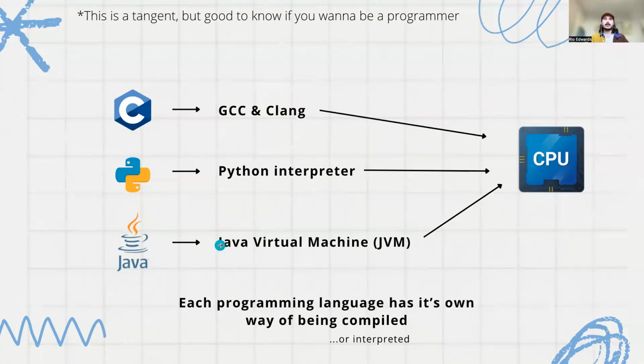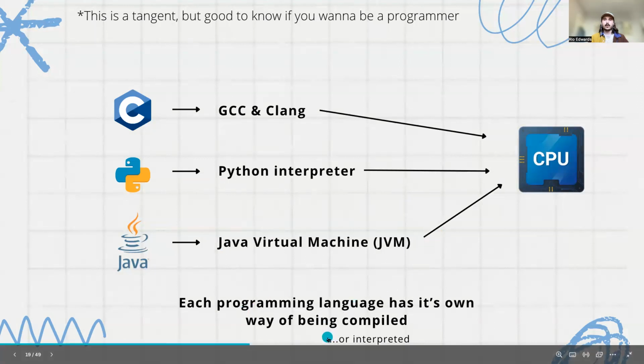And I think the JVM comes default on most computers too. So yeah, all these different programming languages have their own way of getting turned into machine code. That step is called compiling, or interpreted.